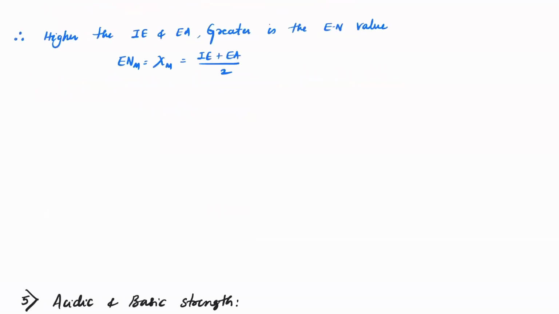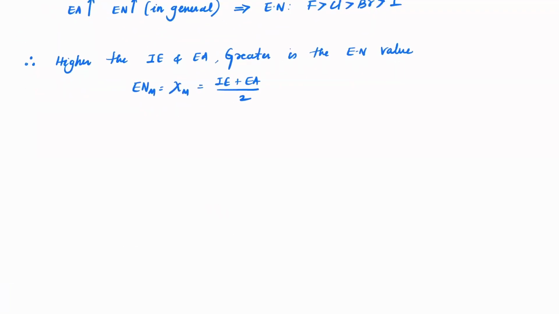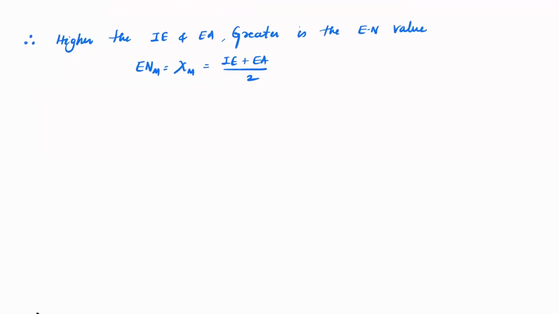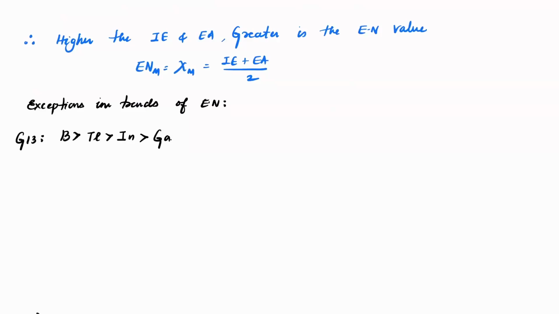Next, notice what are all the exceptions here in case of electronegativity. Exceptions in trends of electronegativity. Group 13 is one exception where boron is greater than thallium, greater than indium, greater than gallium, greater than aluminium.